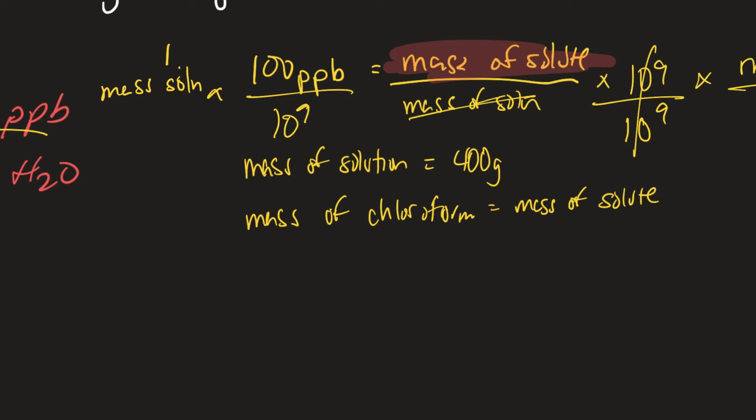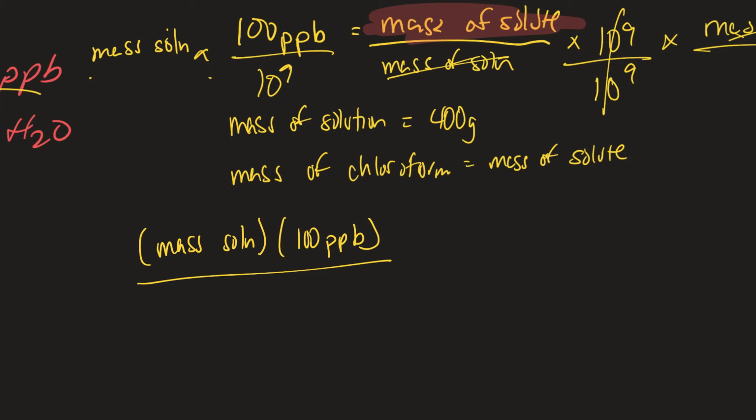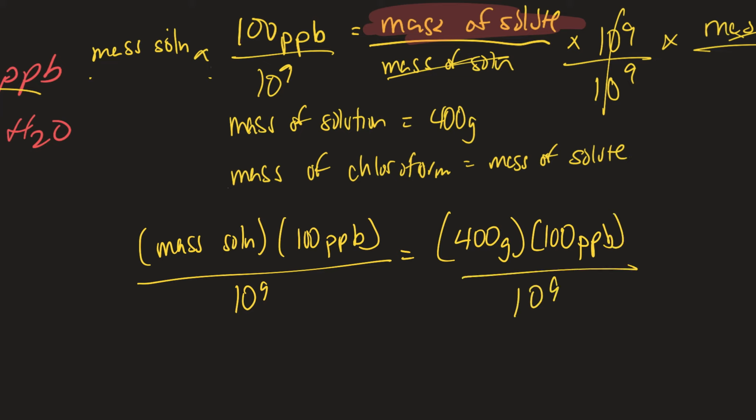So the equation looks like the mass of the solution times 100 parts per billion divided by 10 to the ninth. In other words, it's 400 grams, the mass of the solution, times 100 parts per billion divided by 10 to the ninth.